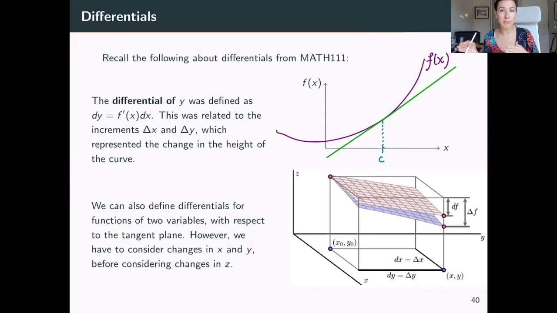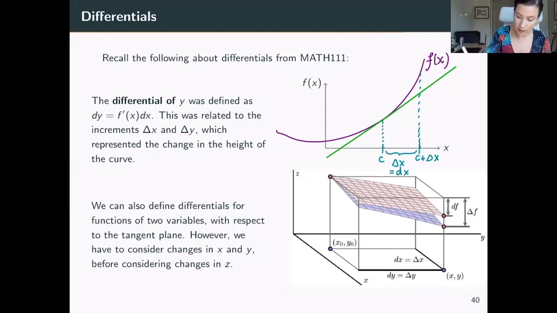I could then move some distance away from c and look at a point c plus delta x. This distance here is what we called delta x, but we also labeled it as dx.